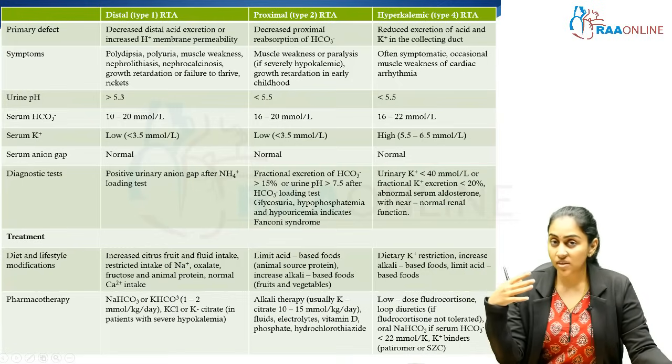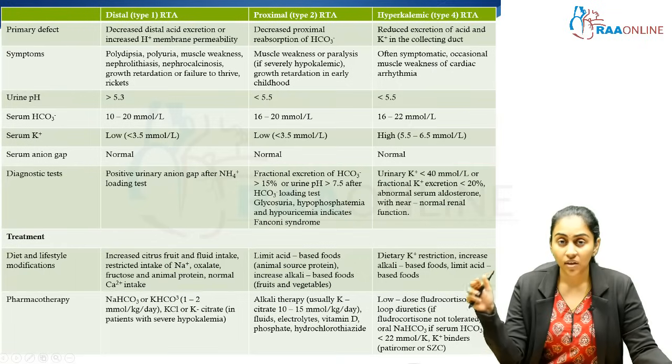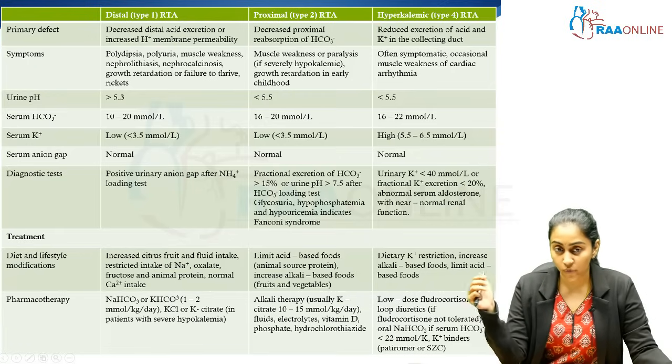Other storage diseases like tyrosinemia, galactosemia can all cause Fanconi syndrome. And in hyperkalemic type 4 renal tubular acidosis, the most common causes are either a problem in the kidney like diabetic nephropathy or obstructive uropathy, or drugs which affect aldosterone or ENaC channels like amiloride or mineralocorticoid receptor antagonists like spironolactone and eplerenone.